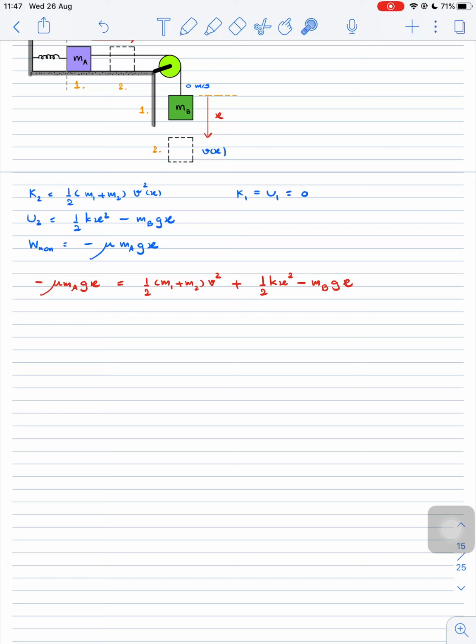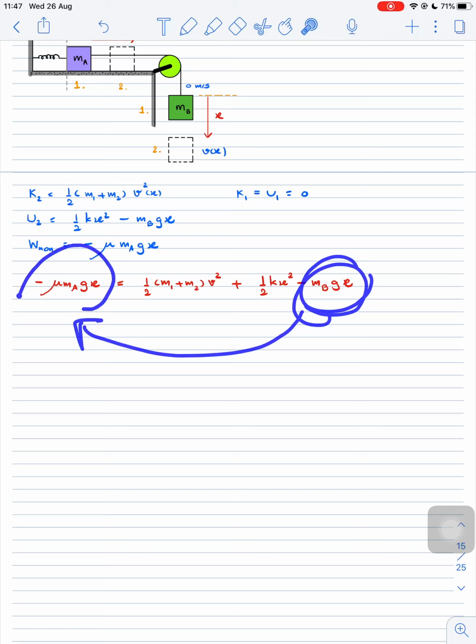You can just move this one to the left hand side and then combine these two terms together, and you just move this one to the left hand side as well.